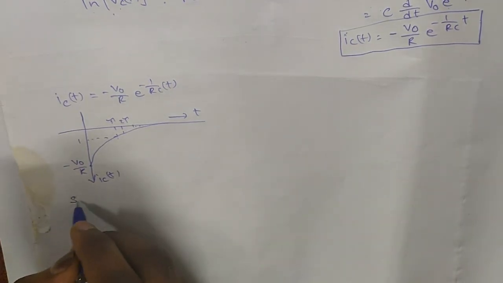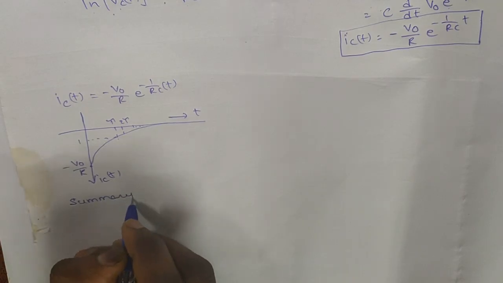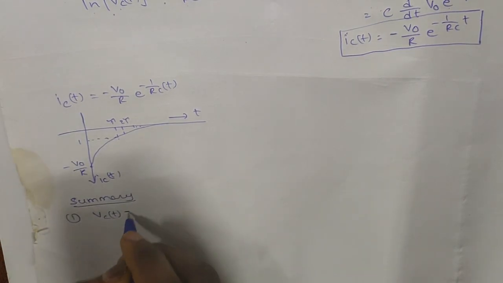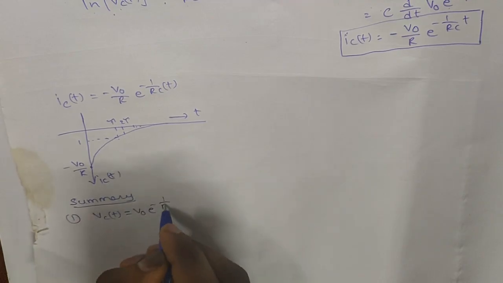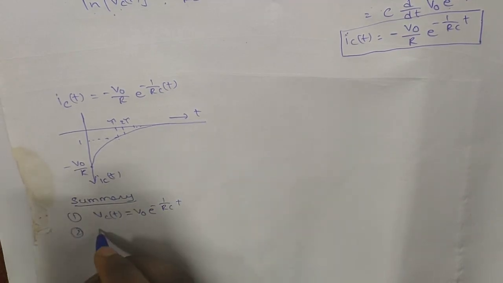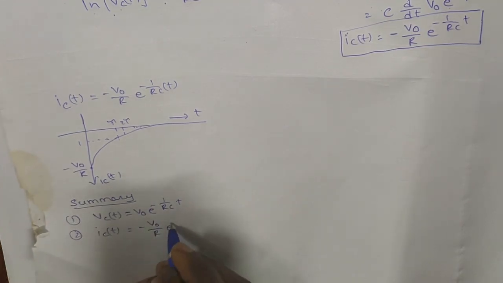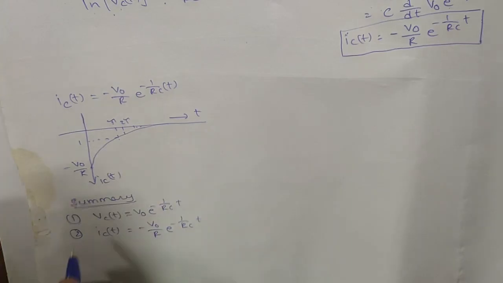In summary, we can write without source, Vc of t will be V naught e power minus 1 by RC into t, and Ic of t will be minus V naught by R into e power minus 1 by RC into t.